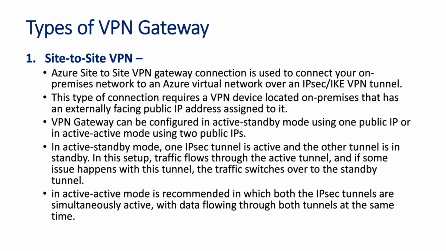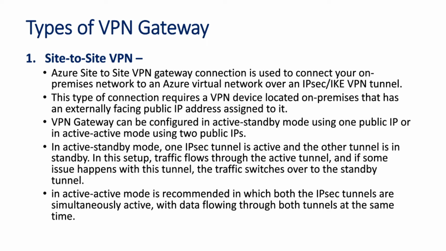A VPN gateway can be configured in active standby mode using one public IP or in active mode using two public IPs. So when we create a site to site VPN, there are two options: one is called active standby and the other is called active. First, active standby mode.